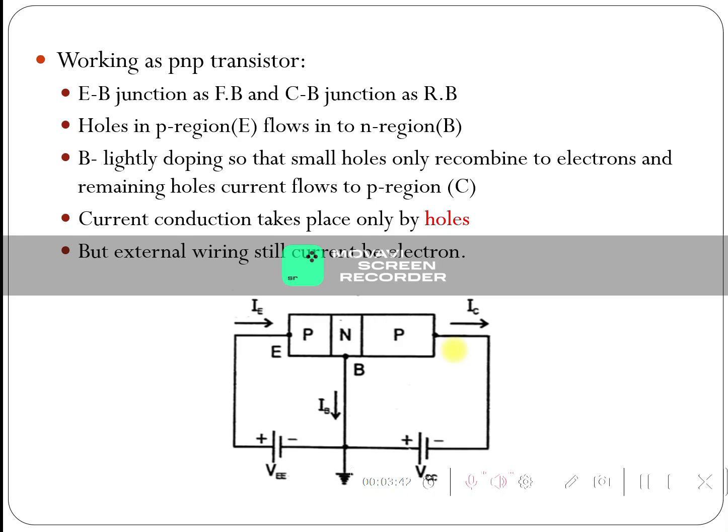Holes in the P region flow across to the base terminal. Base is lightly doped, so only a few holes recombine with electrons and the remaining holes current flows to the P region. So current conduction takes place only by holes.